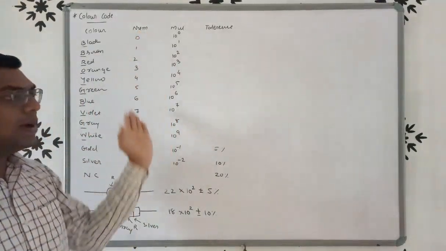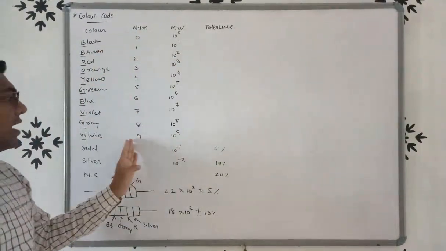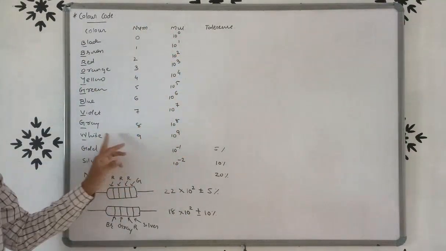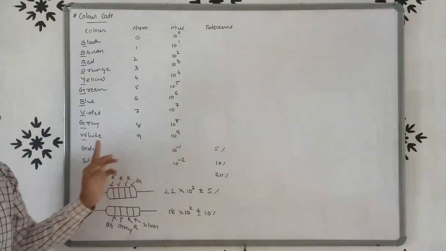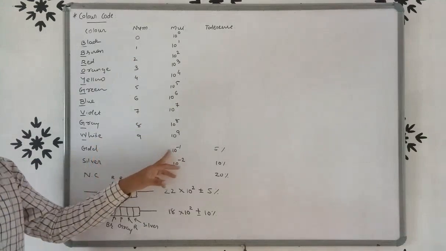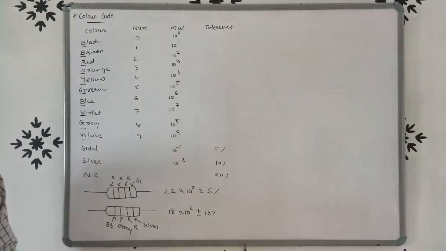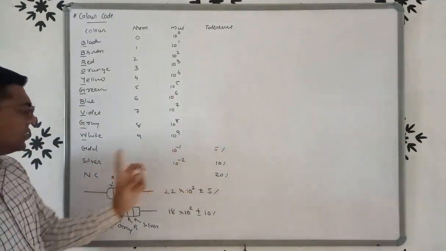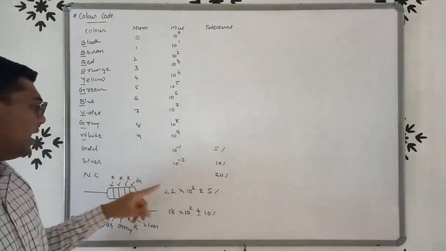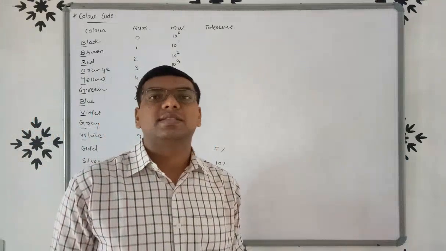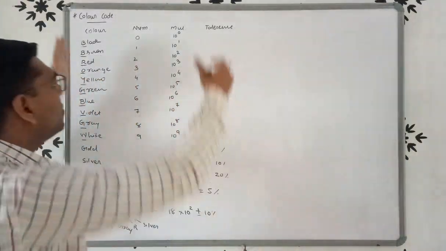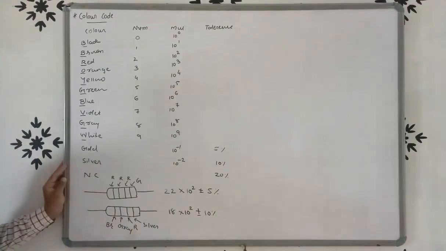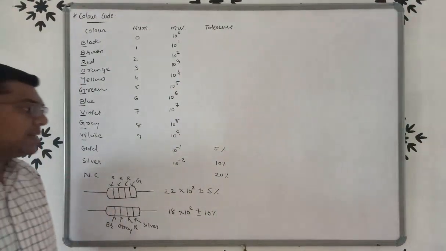Then in number you write the numbers from 0 to 9. For multiplier, 10 raised to 0 to 10 raised to 9, and for gold and silver 10 raised to minus 1 and 10 raised to minus 2 respectively. Then tolerance: for gold 5%, silver 10%, and for no color 20%. If you know this table, then you can easily find out the resistance of any resistor.